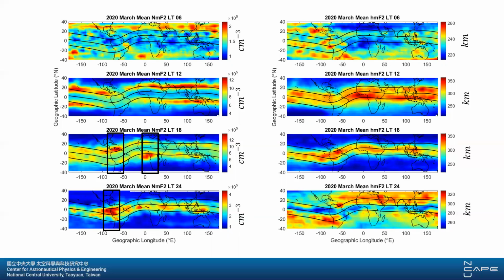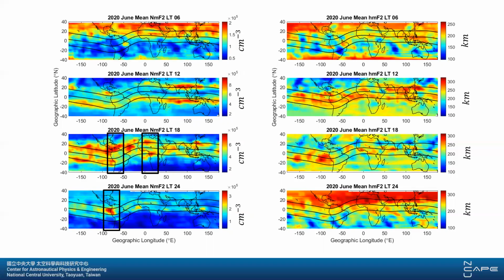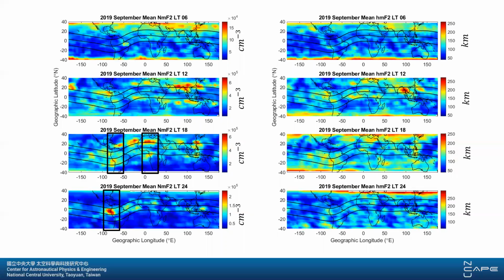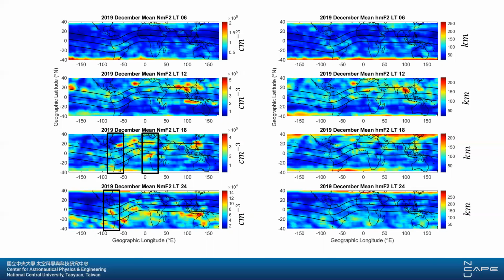So we want to check if this feature is similar for other months. In June, 24 local time is having an obvious anomaly as well. In September as well, in December as well.